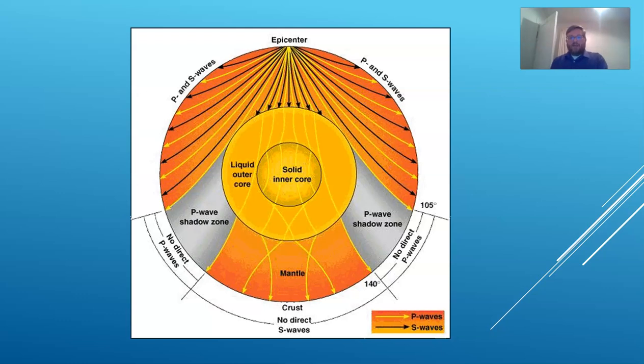The speed and direction of these waves will get altered as they move through different sorts of materials. For example, the S waves can't travel through liquid. So you'll see there's a kind of shadow on the opposite side of the Earth where you've got some P waves coming through, but the S waves don't make it. That's how we know we have a liquid outer core to our Earth.